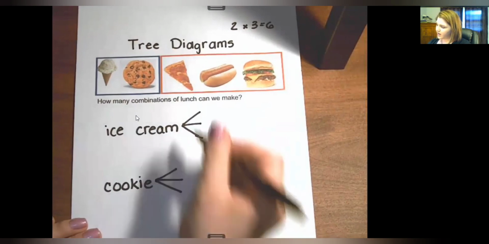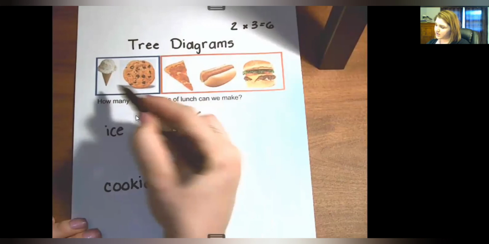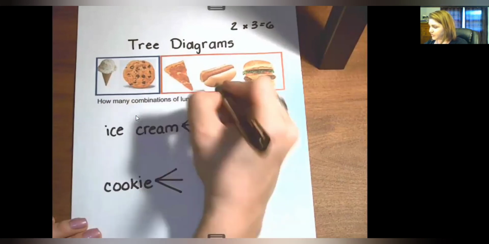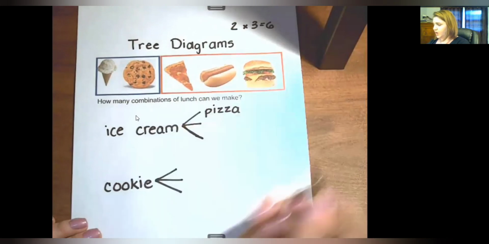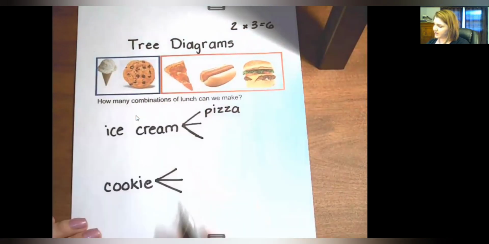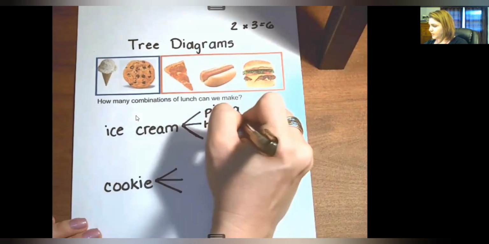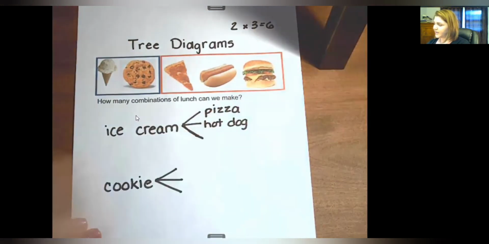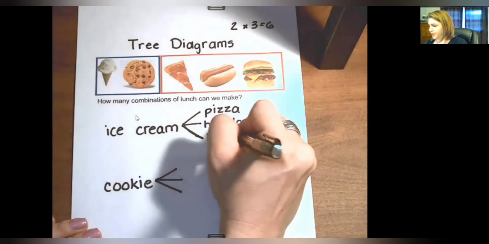So let's figure out what combinations we can make here. We have ice cream, and we could have that after pizza. Yum. Or I could have ice cream after I eat my hot dog. Or I could eat ice cream after I finish my hamburger.